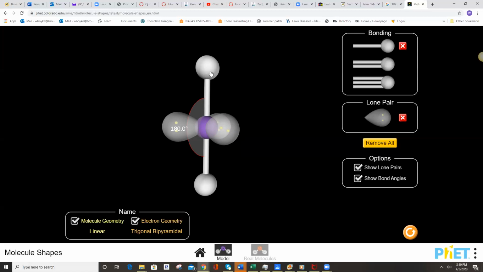So here, for whether this is polar or nonpolar, because both of these outer atoms are identical, they're both fluorines, and because they are equally spaced apart, 180 degrees apart from each other, their poles will cancel out. So being their individual poles will cancel out, this one would be nonpolar. But remember, here's where you have to be careful.